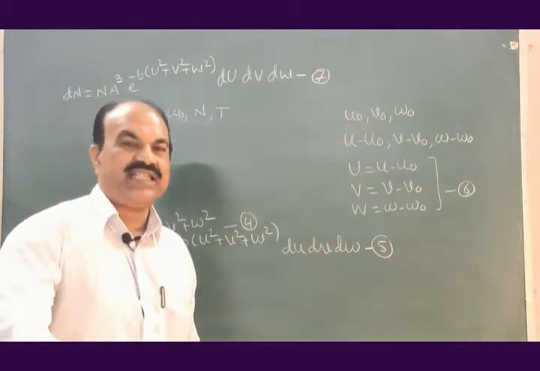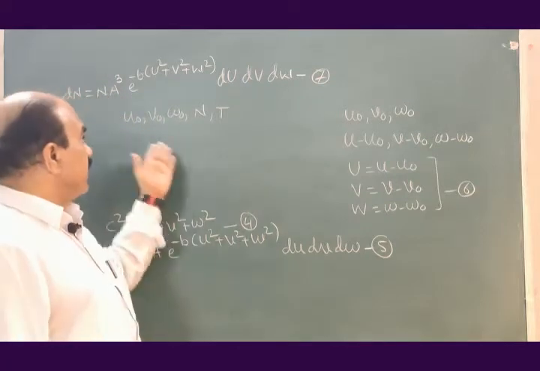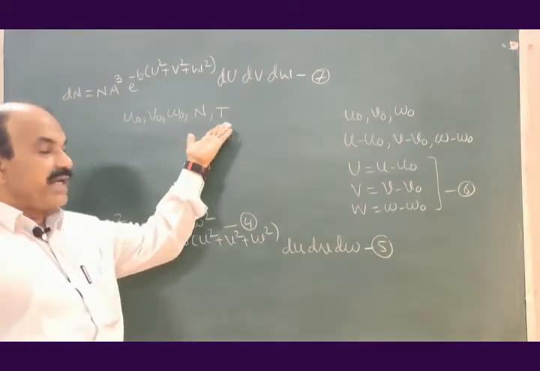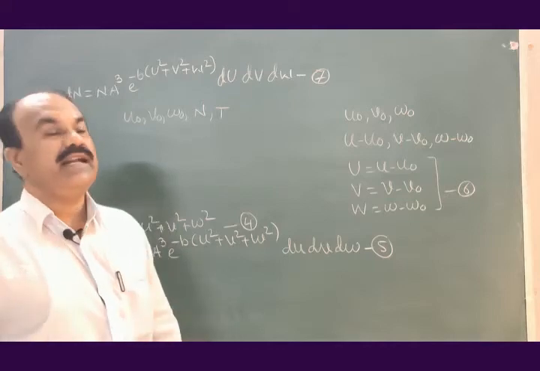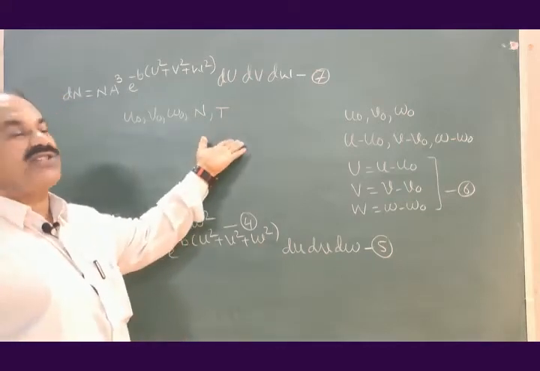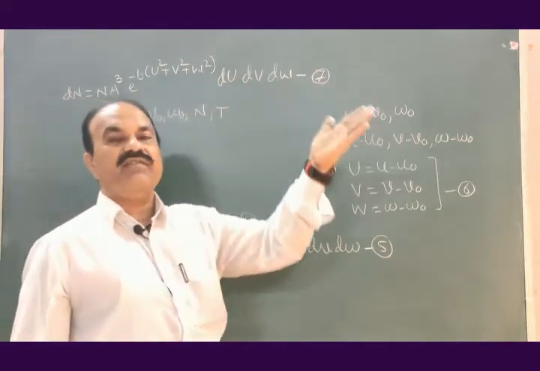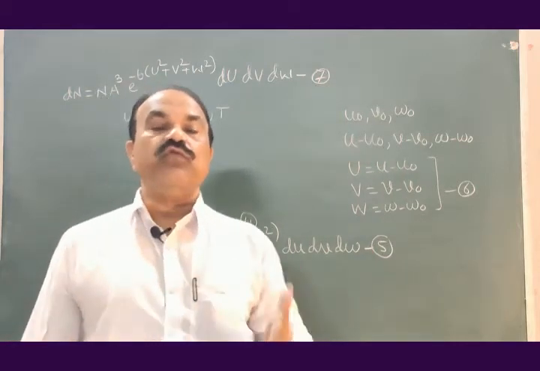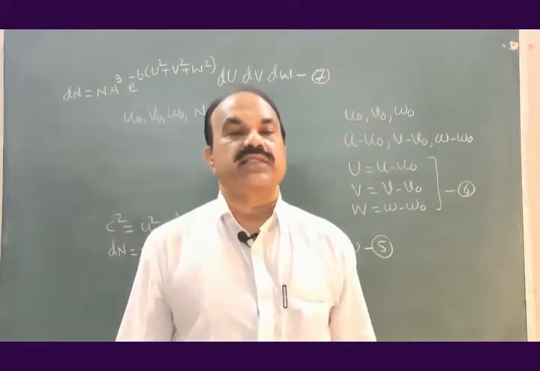When the gas is in equilibrium, all these parameters may be constant, and when all these parameters are constant, equation 7 will be true for the given gas.